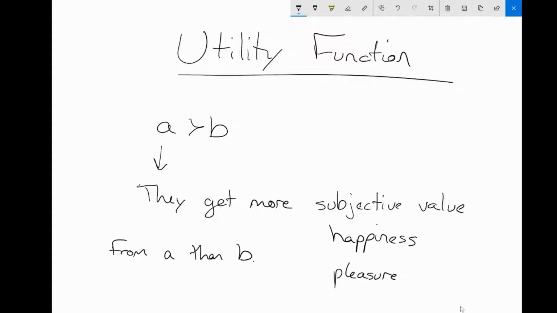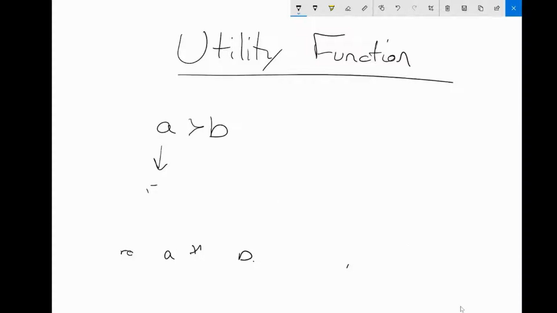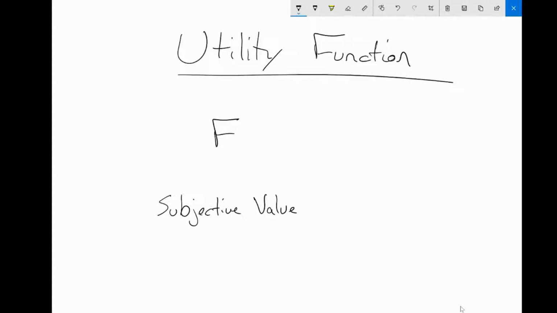So what we want is a function that will communicate that. We want a function that will translate goods and actions into utility, into subjective value. Before, when I said subjective value, I meant just how much people value something or how much happiness they get from it.